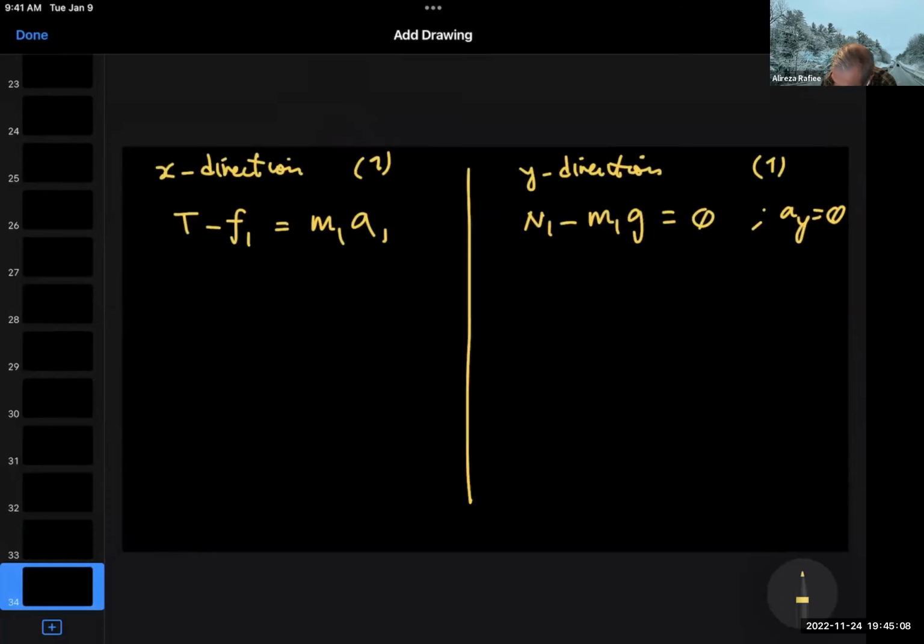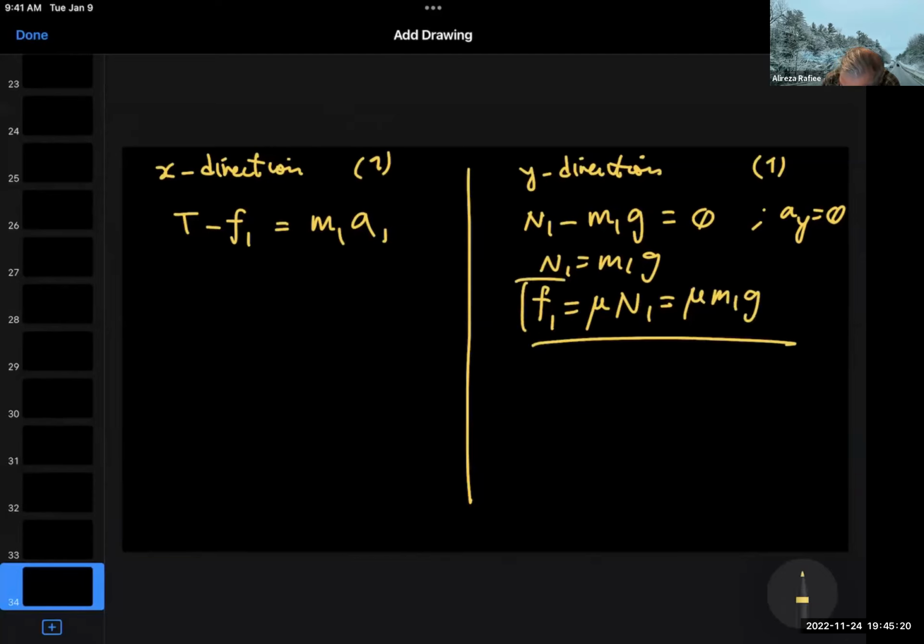Because there's no vertical motion, N1 becomes m1g, and f1 would be mu times N1, so it becomes mu m1g. Now you replace it here, and you get T1 minus mu m1g equal to m1a1.